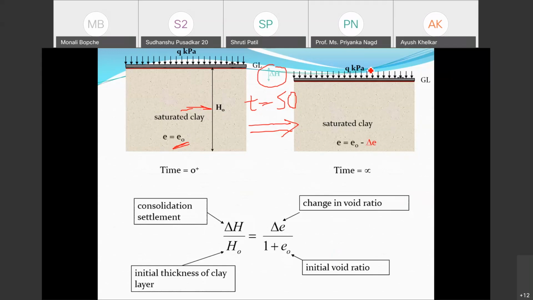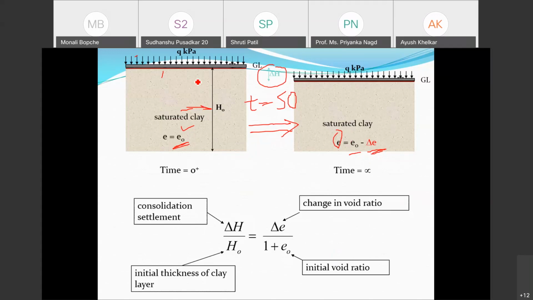Because the soil has been compressed or consolidated, the initial void ratio e0 will not remain the same, because the voids are getting reduced. Hence the new value of e will be equal to e0 minus delta e, whatever change takes place in the void ratio during the consolidation process.